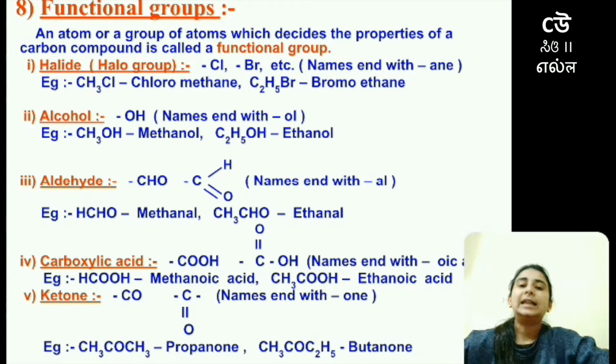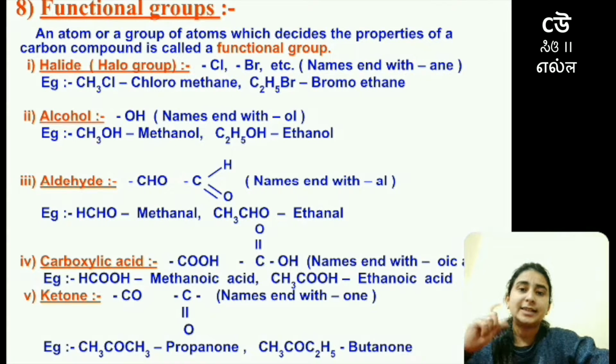अब आइए last functional group की बात कर लेते हैं students. So that is ketone. So CO is the functional group of ketone and its name is going to end with ONE, या ON. So if we have a compound that has chemical formula CH3COCH3.